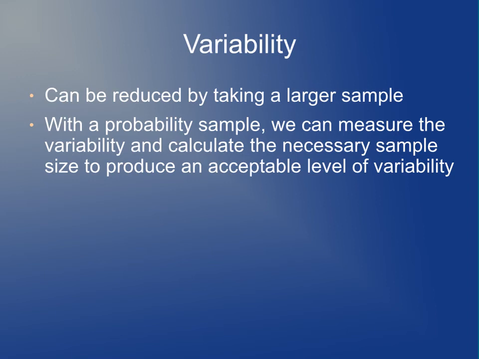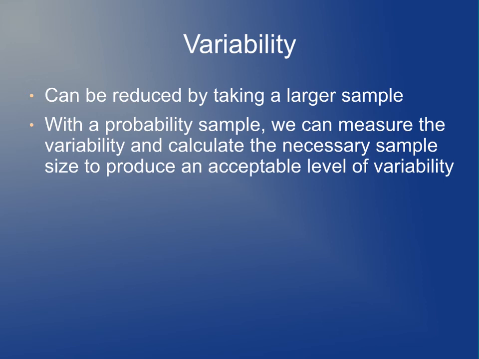The fact that each sample is slightly different and may not be perfectly representative of the population as a whole is what we call sampling variability. You can always reduce it by taking a larger sample, and when you have a probability sample, you can measure the amount of variability and calculate the sample size that you need to get an acceptable level of variability.